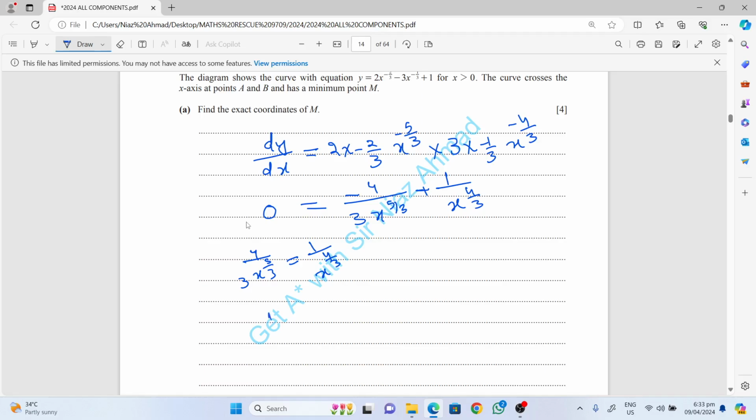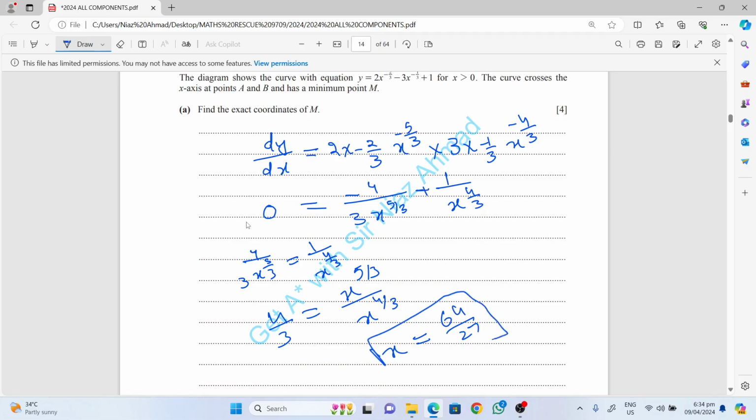So it's 4 by 3 to the one side and x raised to the power 5 by 3 divided by x raised to the power 4 by 3. So my x will be equal to 64 by 27. This is my exact coordinates of M.